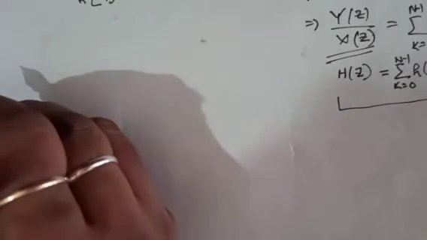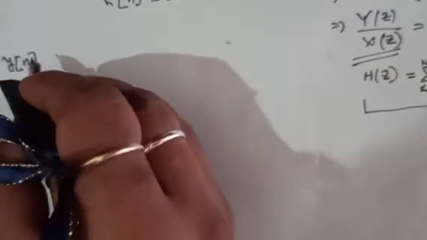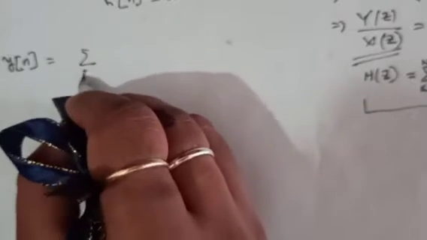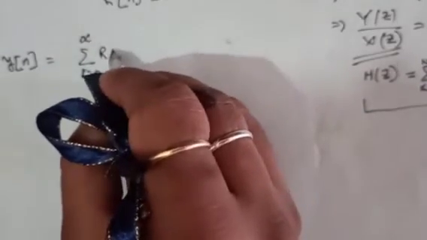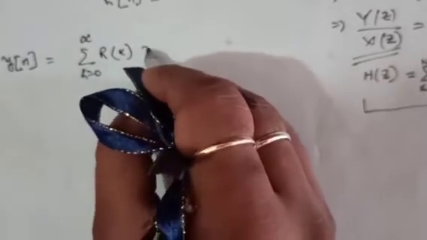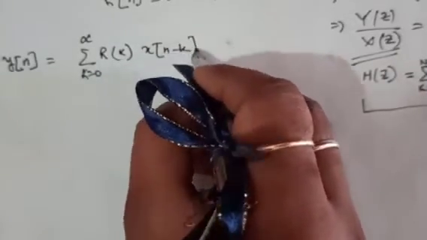Now again go back to the same causal difference equation. y of n is equal to summation over k 0 to infinity h of k into x of n minus k, okay.